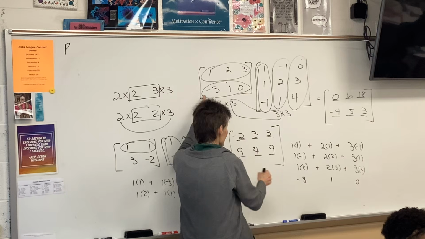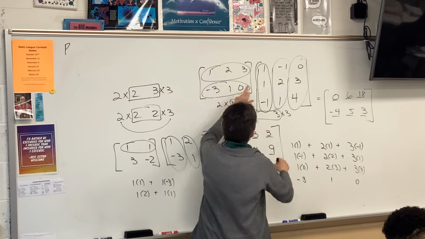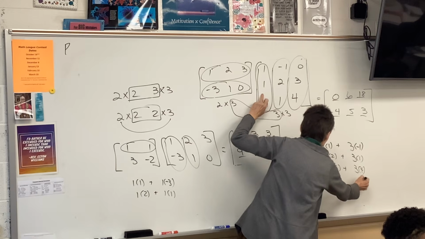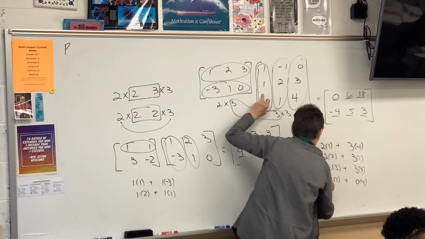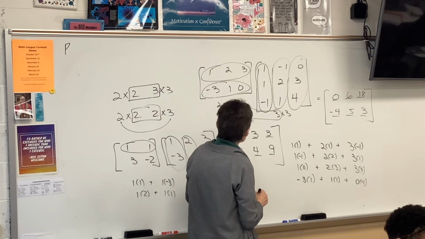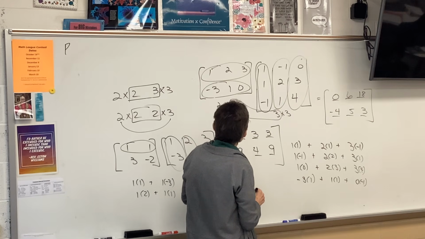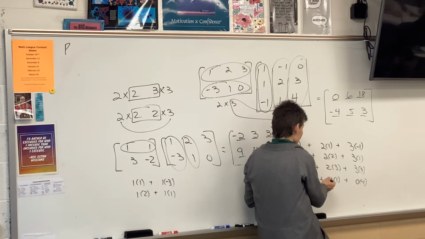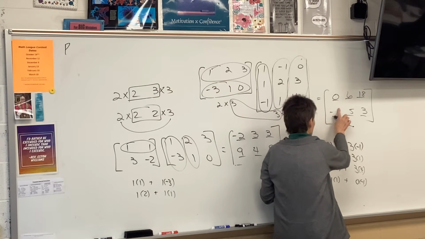So, row 2, column 1. I think you made an arithmetic mistake. Because -3 and 1 would actually be -2.